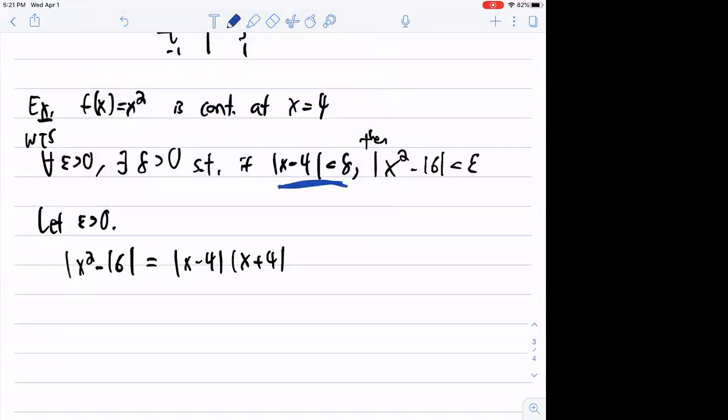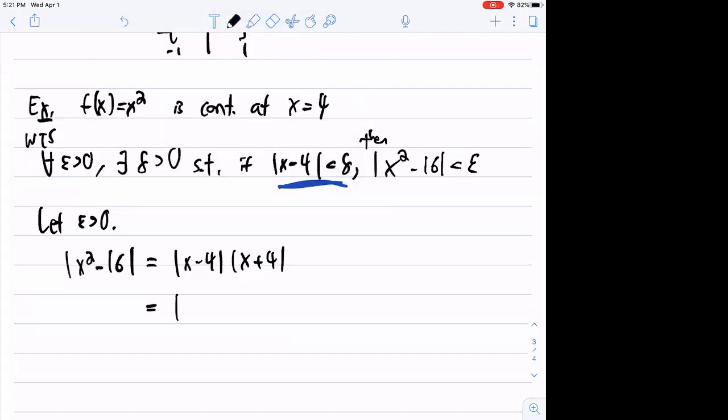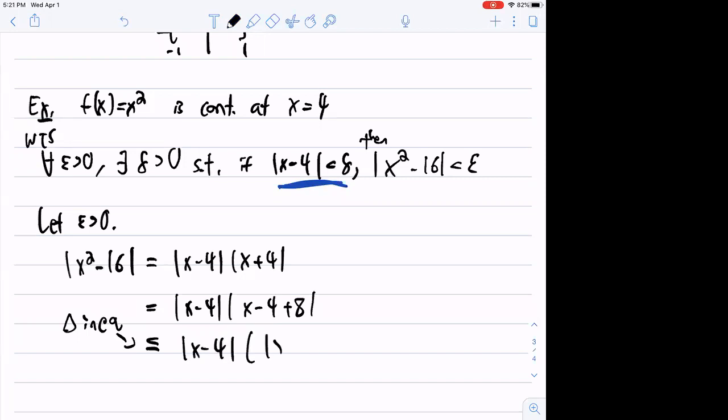So we just need to handle x plus 4 so that the product is smaller than epsilon. One way you could do this is to write x plus 4 as x minus 4 plus 8, and then use the triangle inequality. So this is |x minus 4| times |x minus 4 plus 8|.